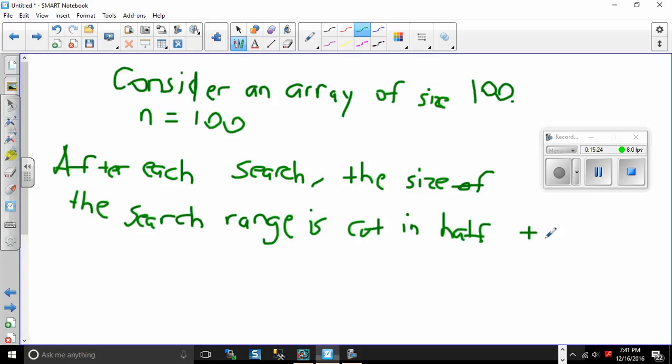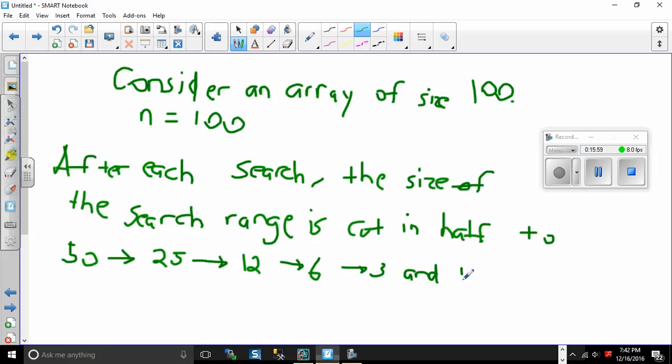You take your 100 element array, you cut it in half into 2 subarrays, each of 50 elements. Then you determine which of those you should search in. You cut that in half down to 25, then 25 is cut in half to 12, then that in turn is cut into 6, and that is cut into 3. Then 3 is cut in half to 1, and then you stumble upon the element you're searching for.